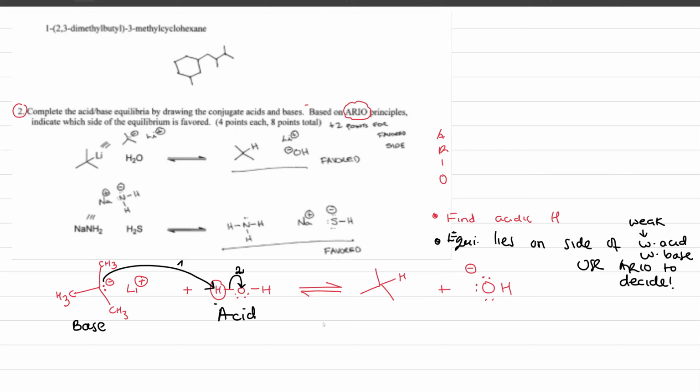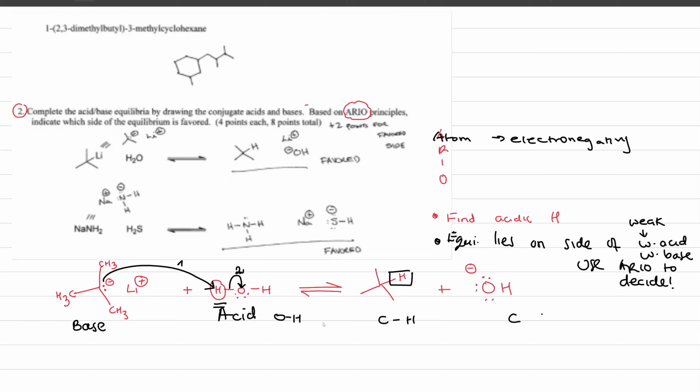Okay. If this is your acidic hydrogen here, this is your acidic hydrogen there. So between CH and OH, which one is more acidic? The CH? No. Use ARIO. Atom. Under atom, we use electronegativity.